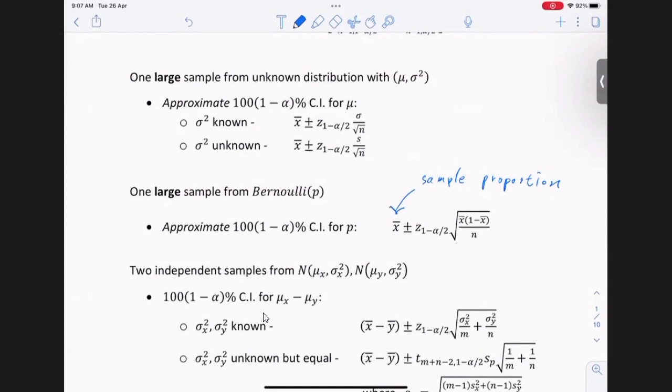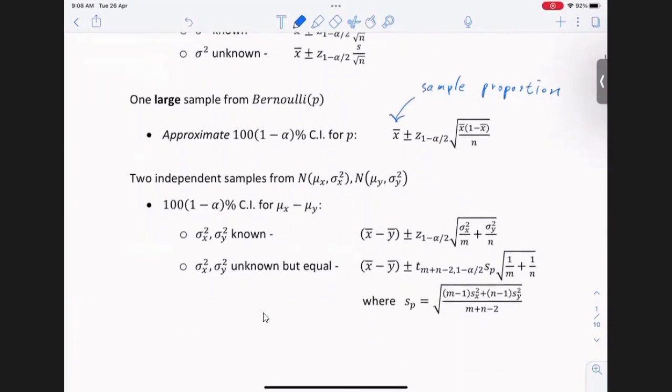One of them is a number obtained from the table, a quantile. Another part is the standard error of this estimate. So usually for the mean or the proportion, the confidence interval will take this regular format. This is just a summary of what you've just learned right before the break.